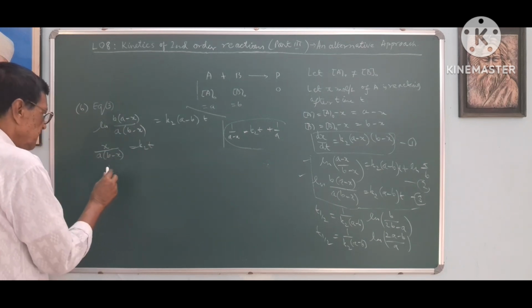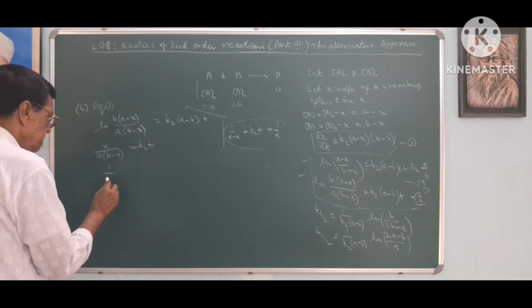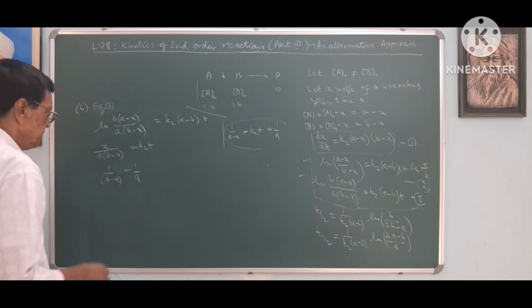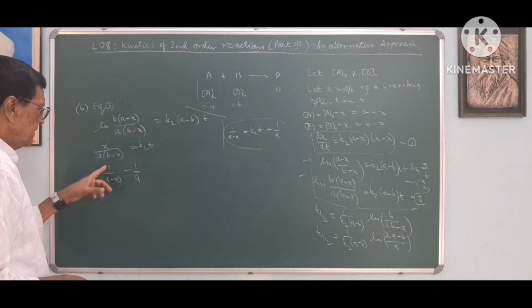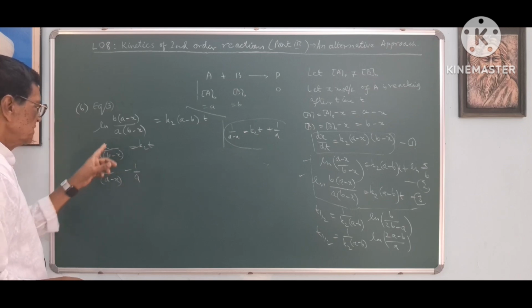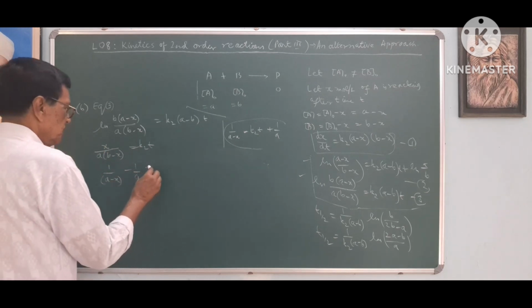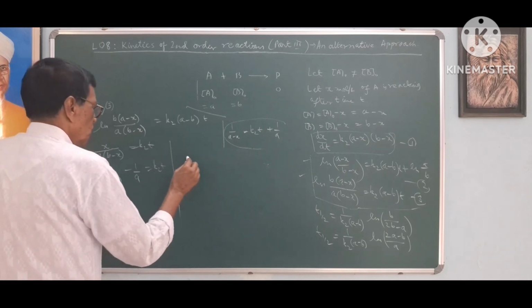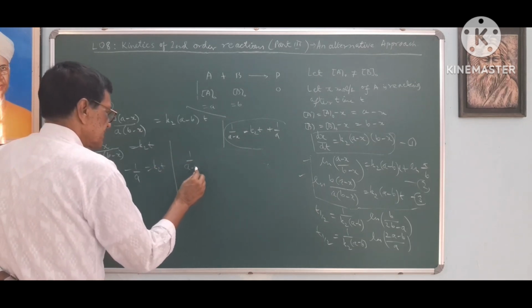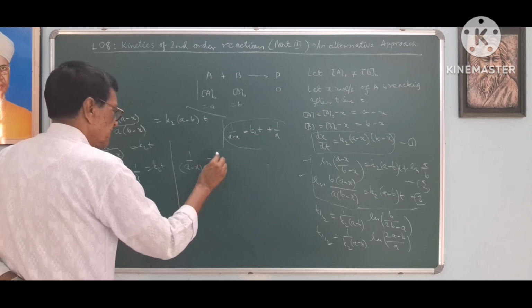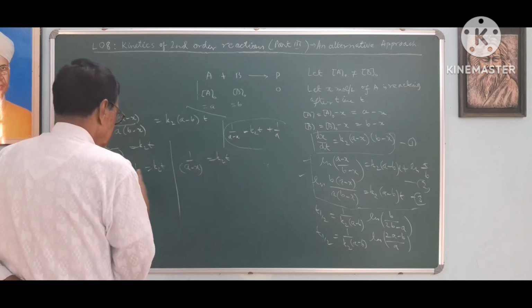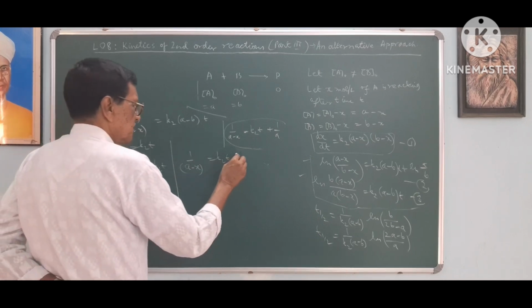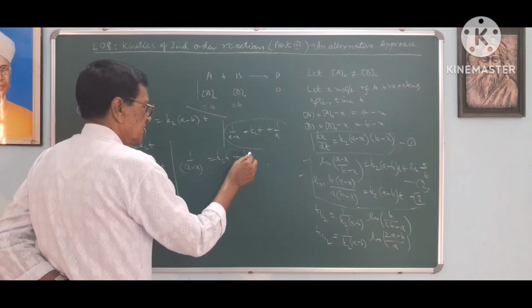It is 1 by (A minus X) minus 1 by A equals k2 t, or 1 by (A minus X) equals k2 t plus 1 by A, where this term is transferred to the right hand side.